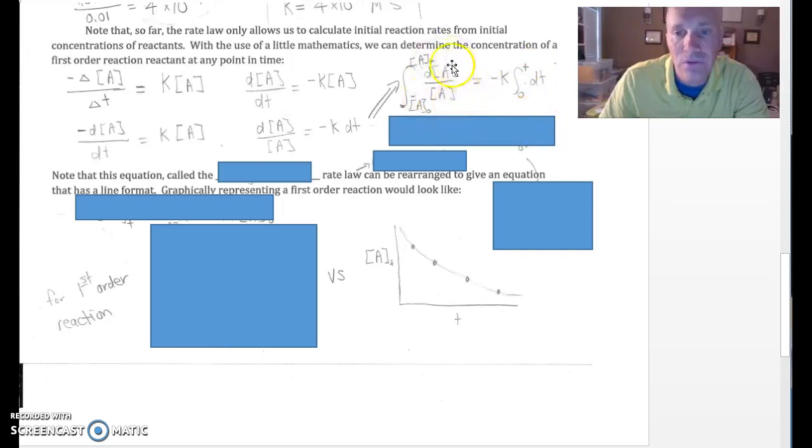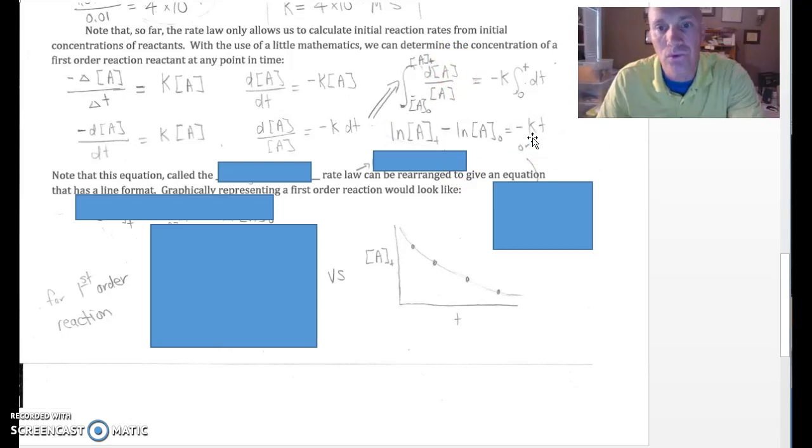If you just pretend that these are x's instead of molarities, hopefully you might know the integration rules. It's going to be the natural log of x minus the natural log of x, evaluated from the upper limit to the lower limit.